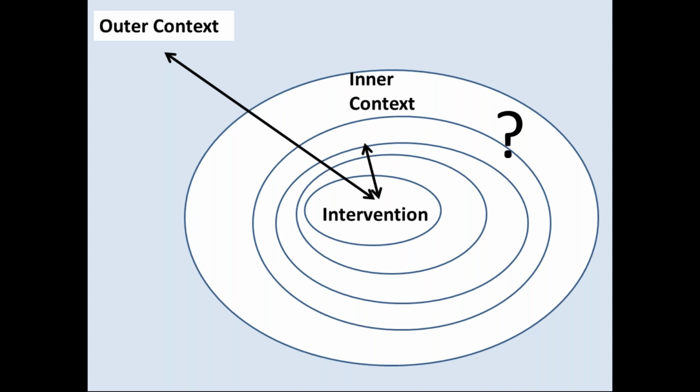So I've made a separation here between inner and outer, which is a bit beyond the scope of our discussion today. We can't really go into it, but for the purpose of exemplifying, if you put an intervention into an institutional context, then the inner context could be the institution, while the outer context can be the broader societal norms, values, and that kind of thing.